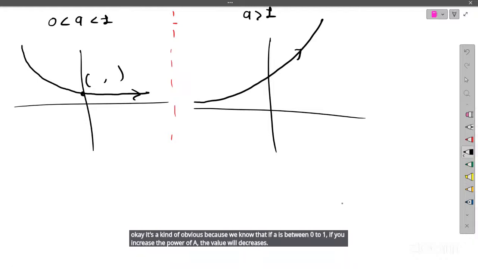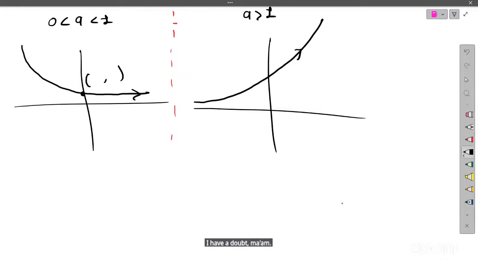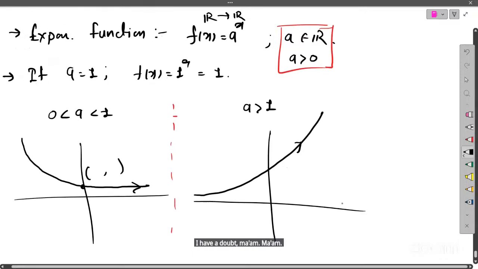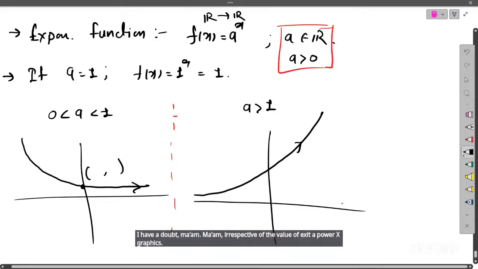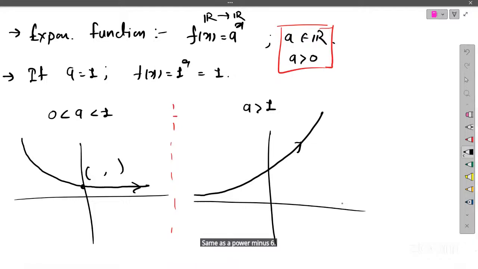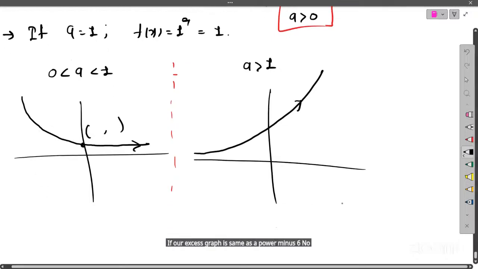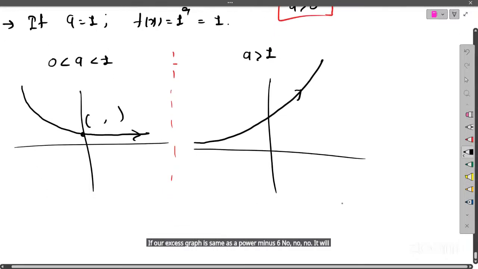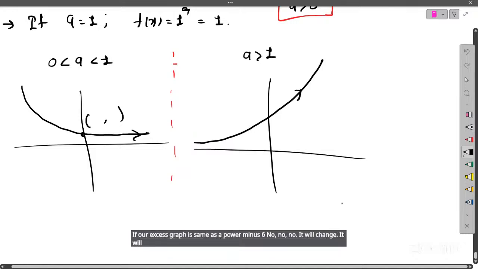I have a doubt, ma'am. Irrespective of the value of x, is the graph of a to the power x the same as a to the power minus x? No, no, it will change. It will get reflected over the y-axis.